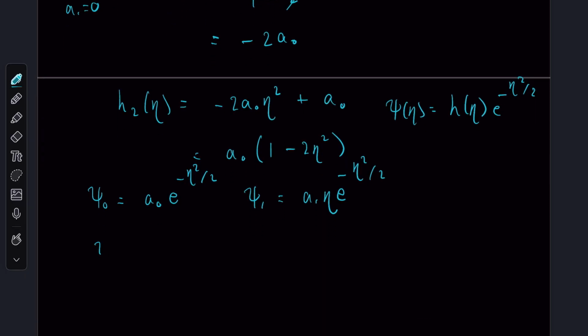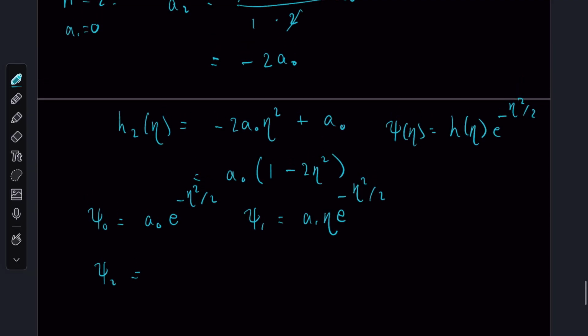And then our second excited state, which is the last one we'll compute for now, is a sub 0 times 1 minus 2 eta squared times e to the negative eta squared over 2.